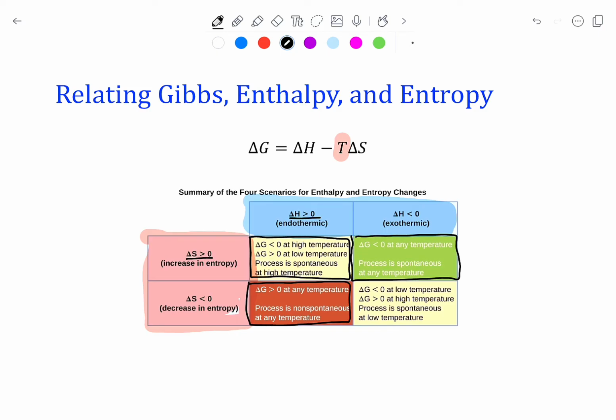And finally, if we have delta H and delta S both negative, then delta G is going to be negative at low temperatures now. See how we've swapped, went from high to low and low to high. So delta G will be positive at high temperatures. Therefore, the process will only be spontaneous at low temperatures.